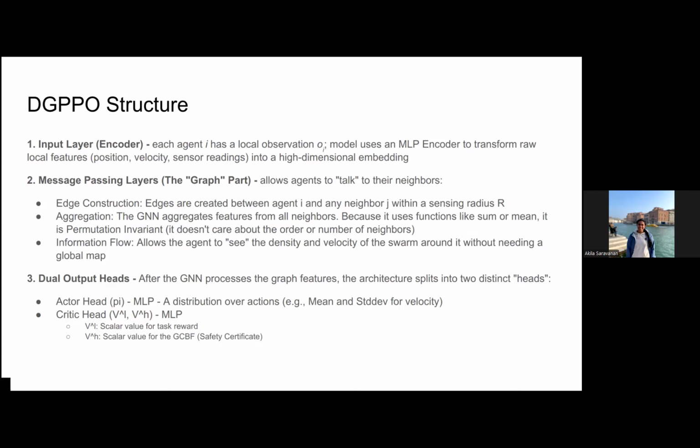Once the GNN has done whatever processing it needs to do, it splits into the actor path and the critic path. The actor, since it's trying to figure out what motions to do, outputs a distribution over the various actions for a given state. That's our policy head.